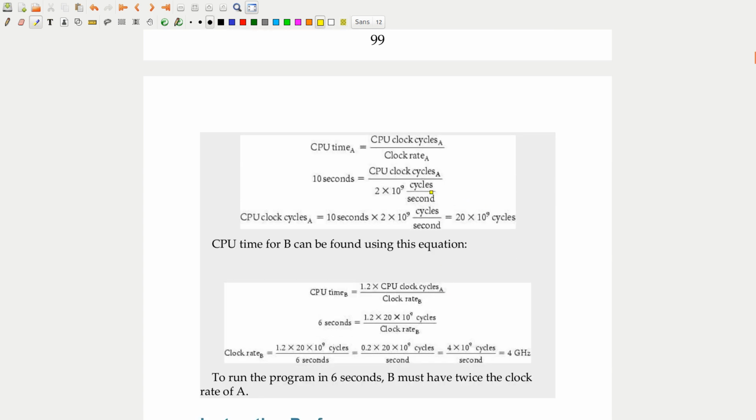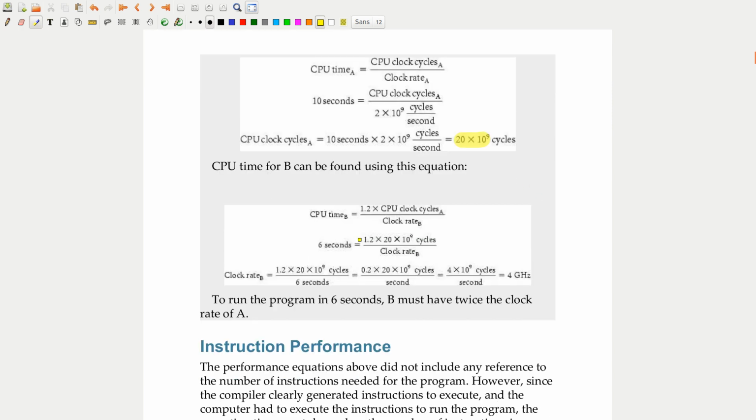Okay, so this is their original number of cycles they take. Then the CPU time for B, you're going to have 1.2 times as many clock cycles as A. So you just use the same equation, but this time you have to scale it up because you're incurring this penalty. Then this time you're doing it in 6 seconds.